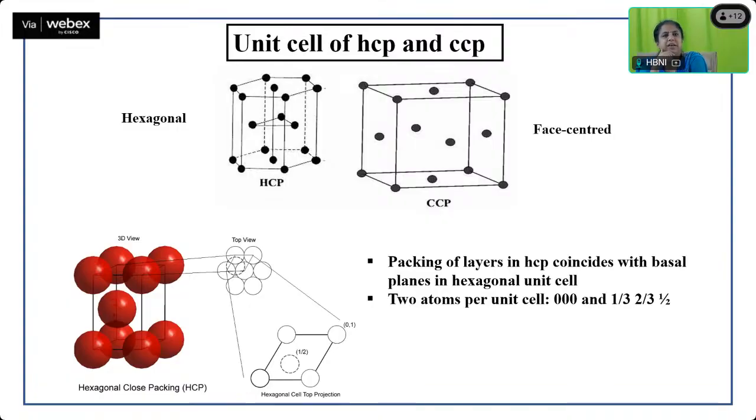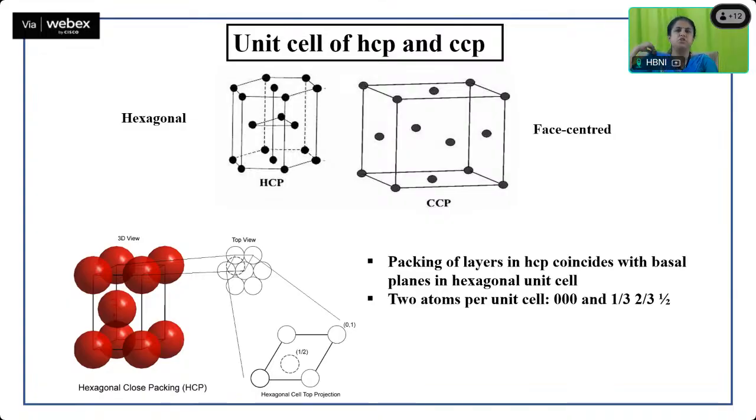How many lattice points are there in the unit cell of CCP now? One from the corner, okay? And because each face-centered atom contributes half to one cube, we discussed it very nicely yesterday, so half into 6 is 3. One from the corner, 3 from the faces. That means the unit cell of CCP, which is face-centered, has got 4 lattice points.